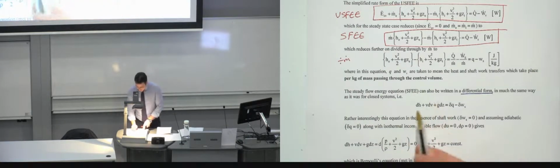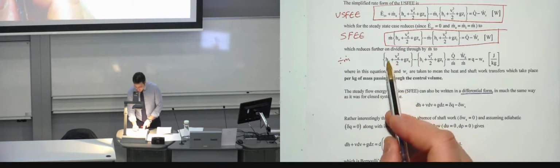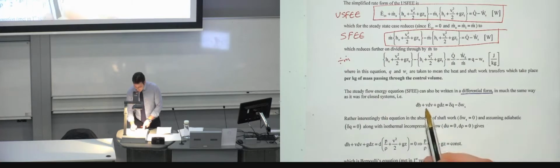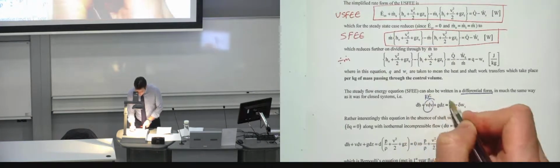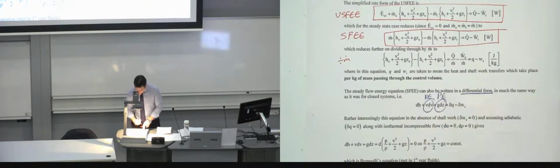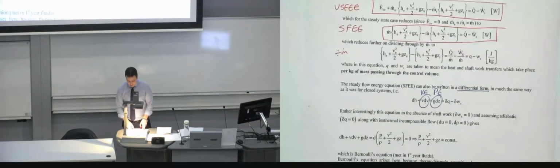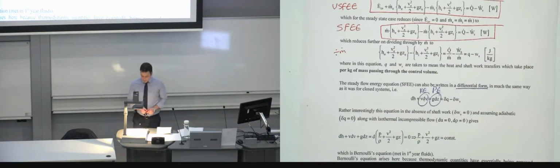What you end up with is the change in enthalpy, the change in the kinetic energy, the change in the potential energy, and of course the change in the Q and W. Being careful that, again, you've used delta.